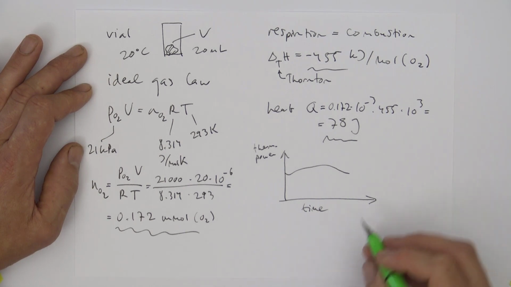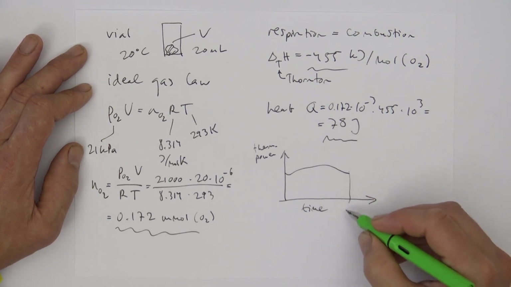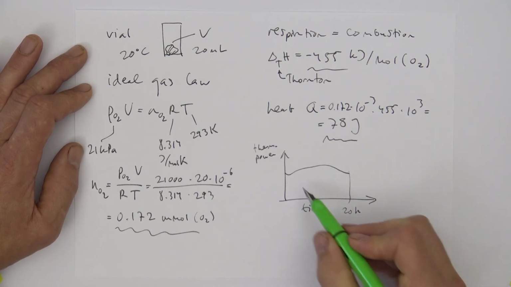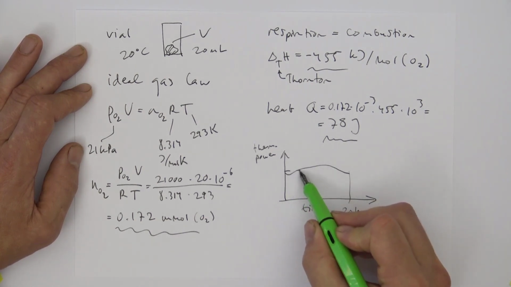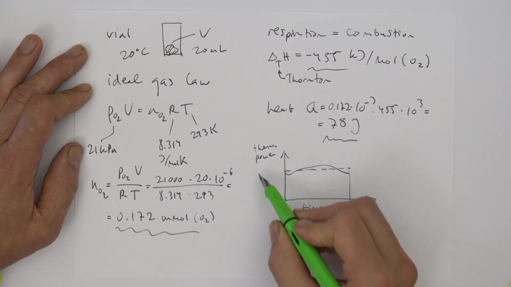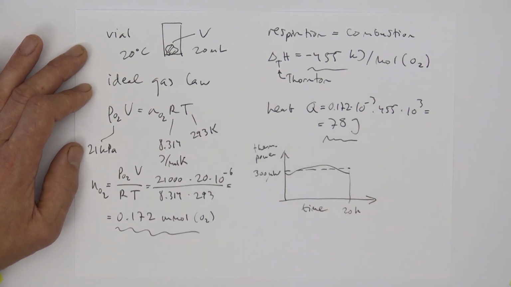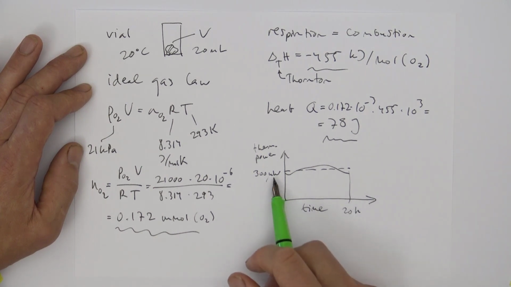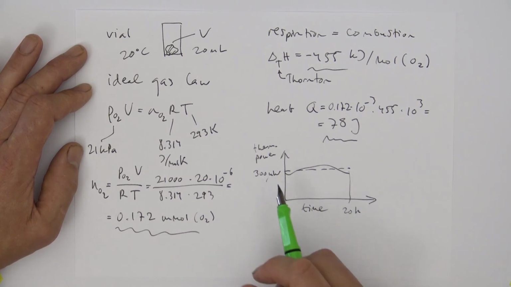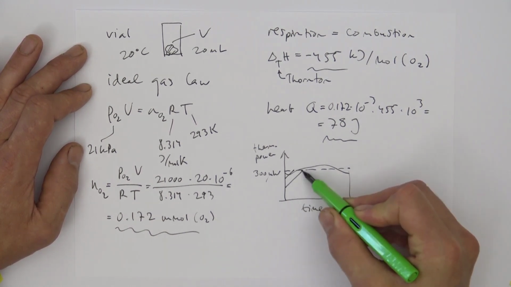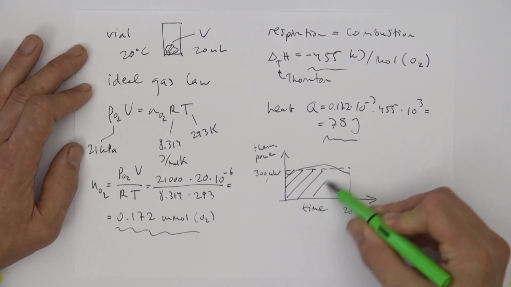And we are now here, let's say after 20 hours, and we have found a mean thermal power of 300 microwatts. Now, thermal power, watts, that is joules per second, times the time in seconds, gives joule, gives heat. So the integral here is the heat.